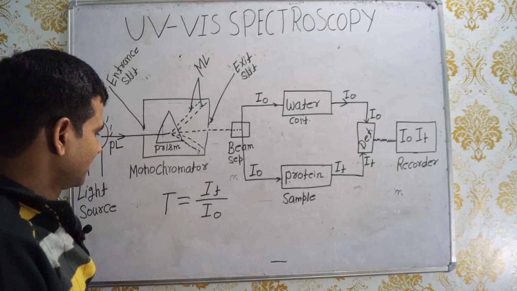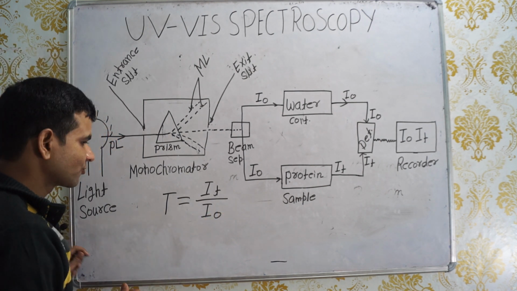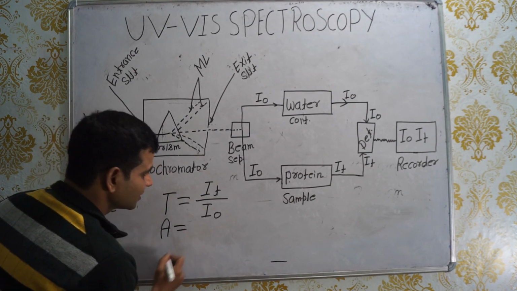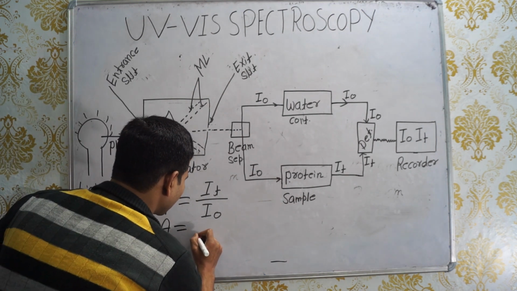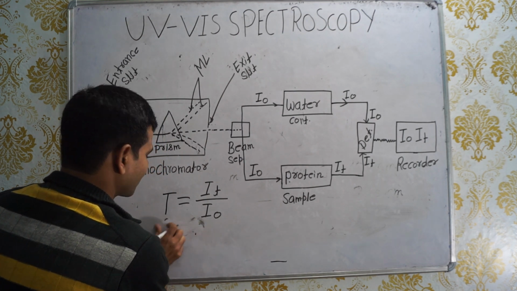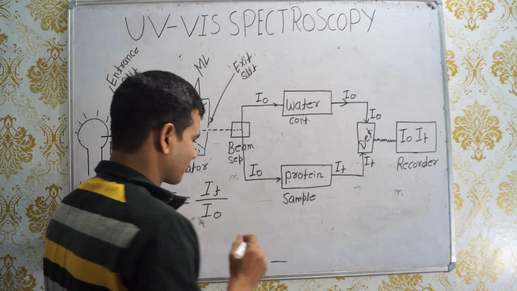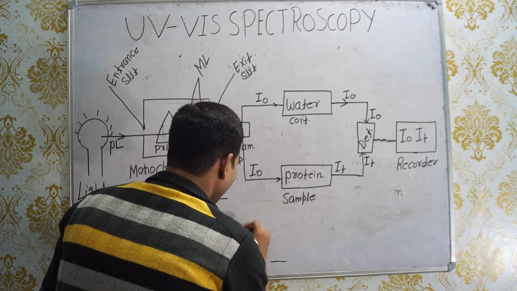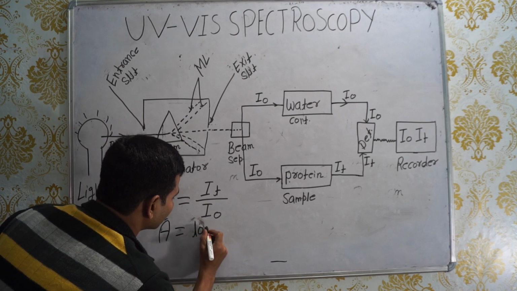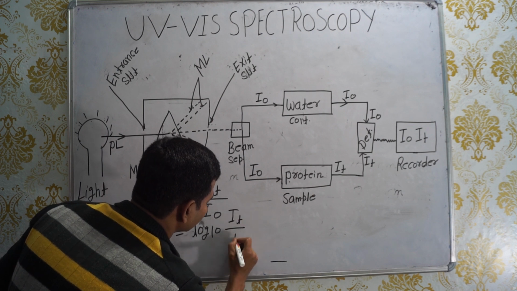Just after calculating the value of transmittance, the recorder will calculate the value of absorbance A, because A is equal to log 10 of IT by I naught.